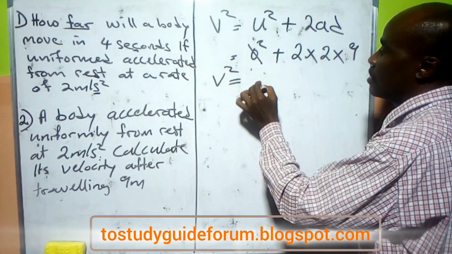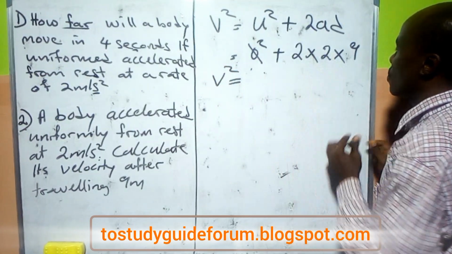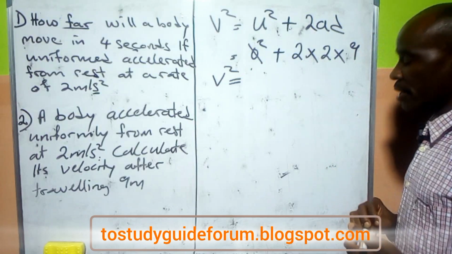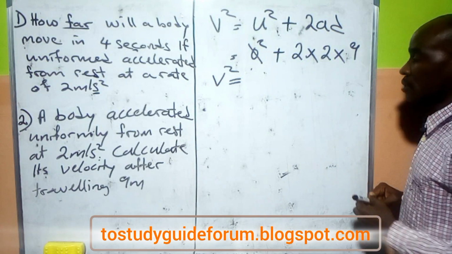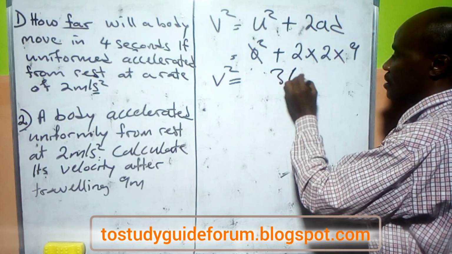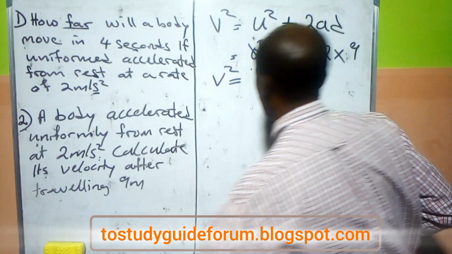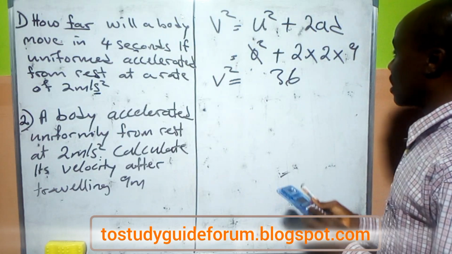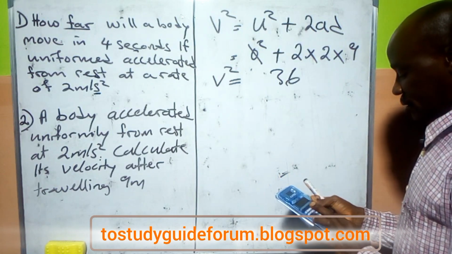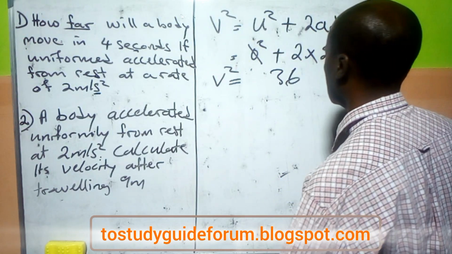Then 2 times 2 will give us 4, and 4 times 9 should be 36. Let me just verify: 2 times 2 times 9 gives us 36.